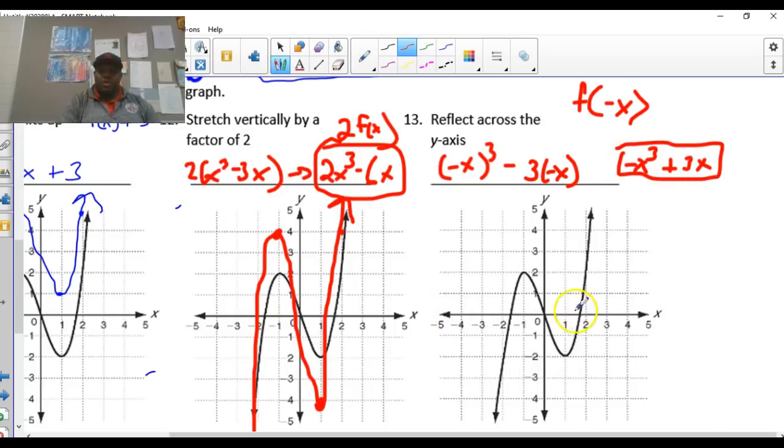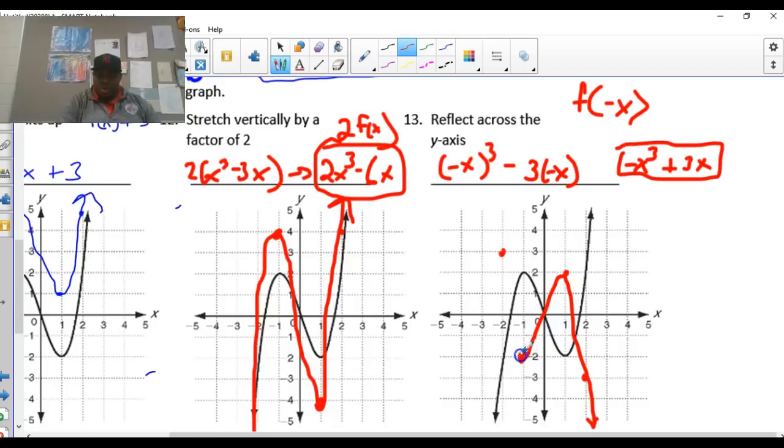And if we reflect it across the y-axis, all these points cross over, all right? Let me cross more of these over. Put these over here. So you have this now.